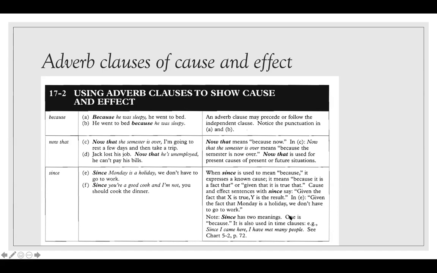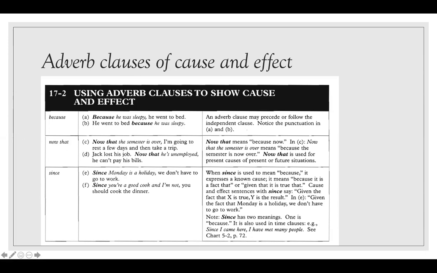So since has two meanings. One is to use it as because, so cause and effect. It is also used in time clauses. So you can say, since I came here, since I arrived, I have met many people. So you can use it to introduce something that is a fact about a person or a place or a thing, or you could use it to talk about a time.